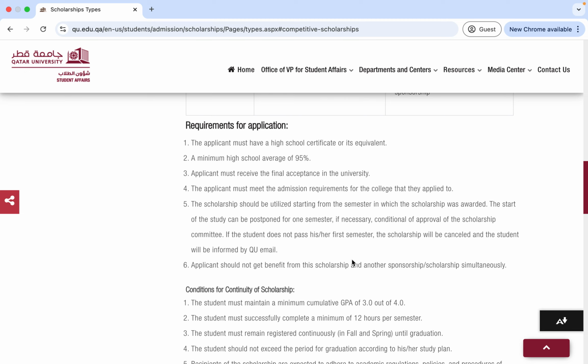So if there is some condition that is really very necessary, or that has great weight, they can actually waive it for one semester. And this is not something that you can just do on your own. It has to be approved by the admission committee, the scholarship committee.